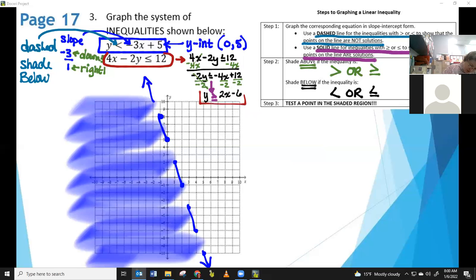So I'm going to start off with my y-intercept at (0, -6). So down here, my slope is 2 over 1. So up 2, right 1.